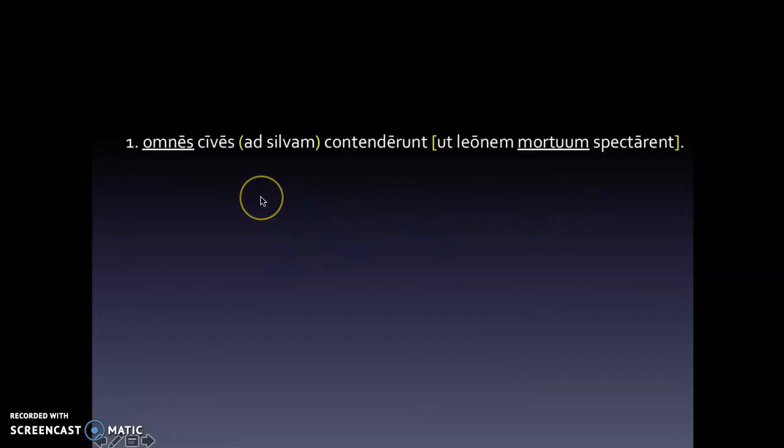All right, our first sentence, we've got an adjective here that's modifying silvam. We have a prep phrase. We have our subordinate clause here. It begins with ut, ends with a subjunctive. We have an adjective, modifying leonem. We've got a nominative subject, our main verb.